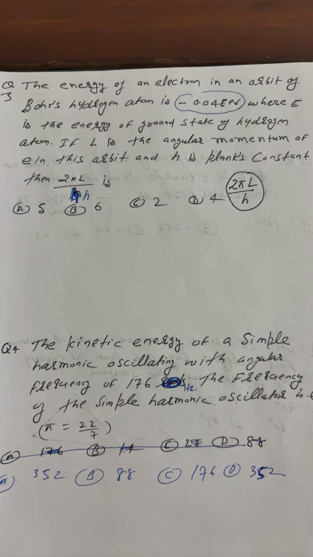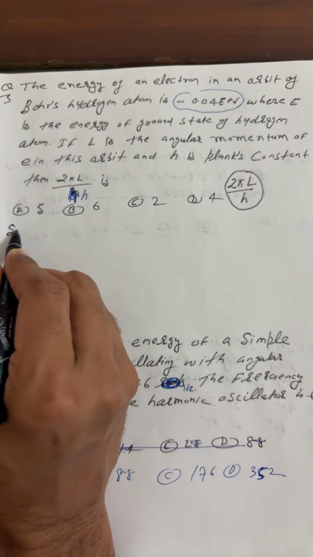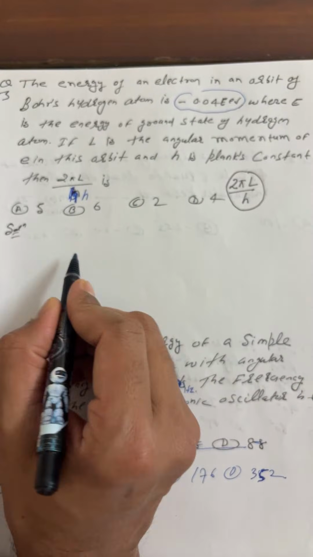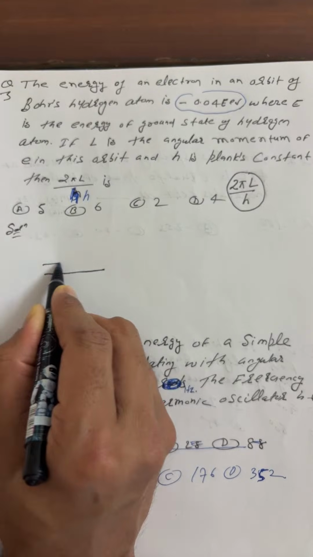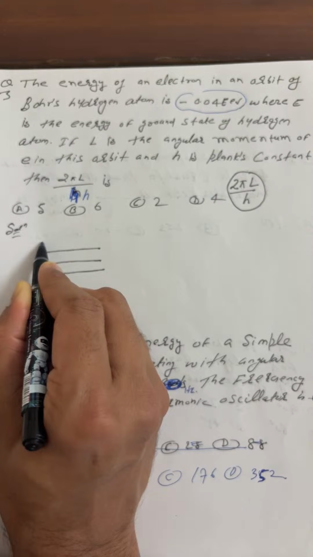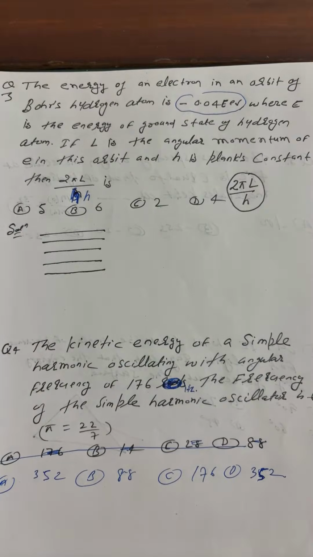Students, for this condition, I hope all of you remember the basic points. For the solution, consider n. There is the ground state, then first excited state, second excited state, third, and so on, right, my dear?